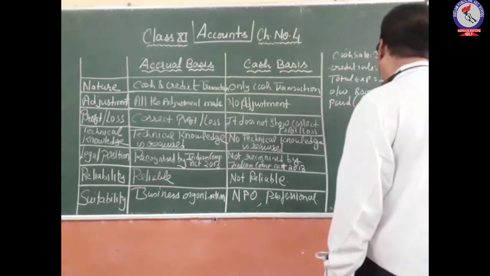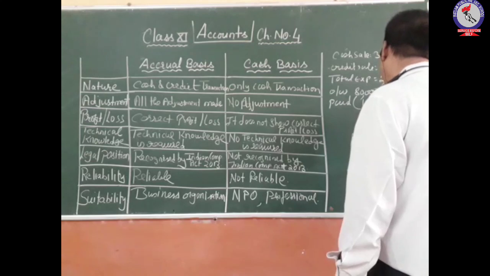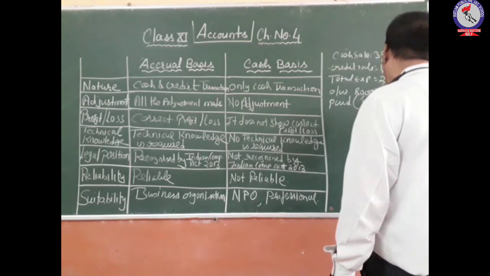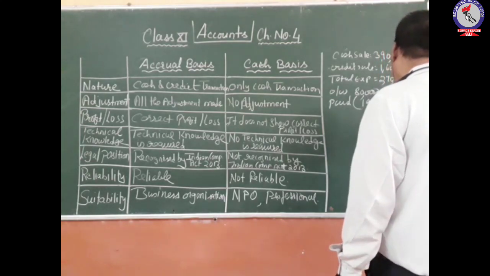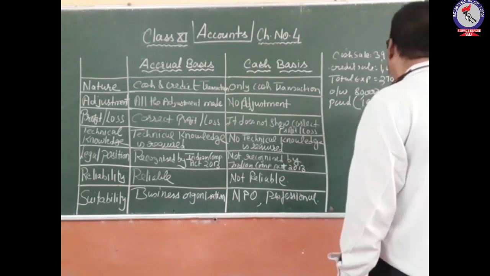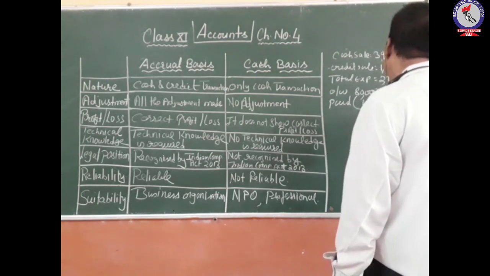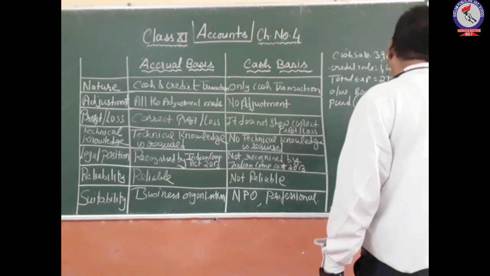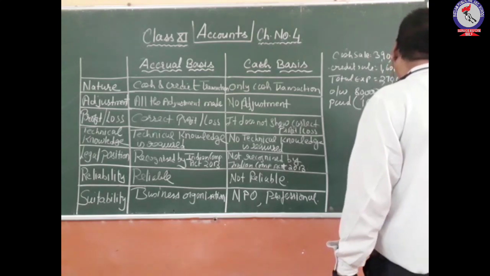So what we will show is that 1,90,000 we have paid and 80,000 we have not paid. Okay, so this is cash paid and this is not paid.